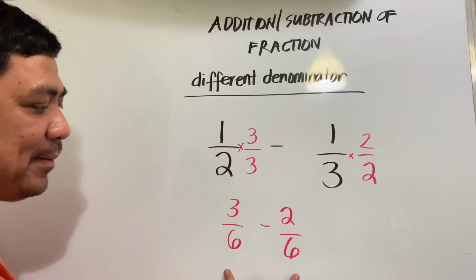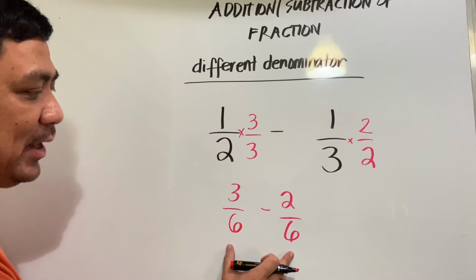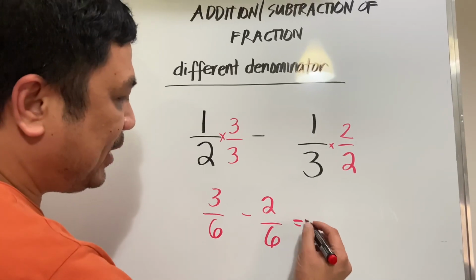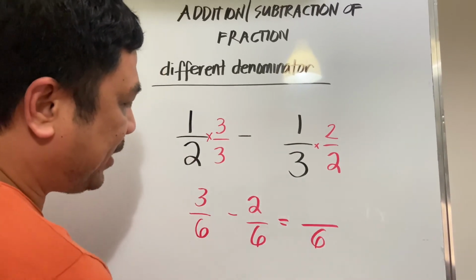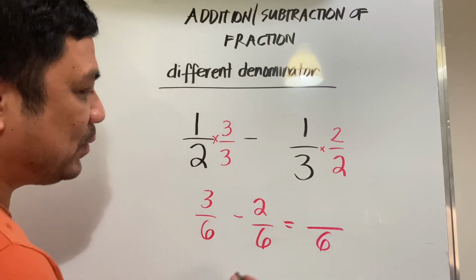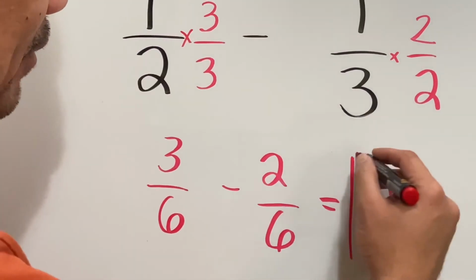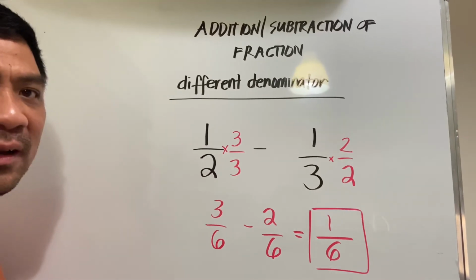Again, no problem. They already have the same denominator. So you have 6 here, and then 3 minus 2, which is equal to 1. So 1/6 is our answer.